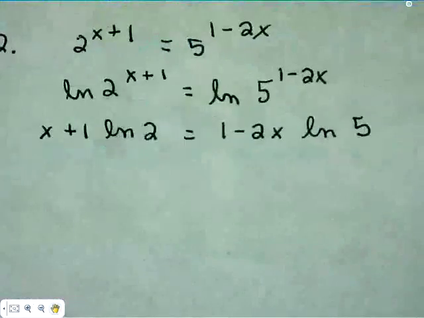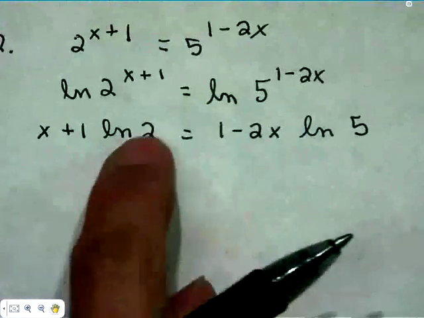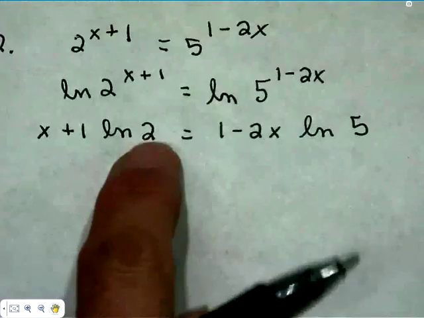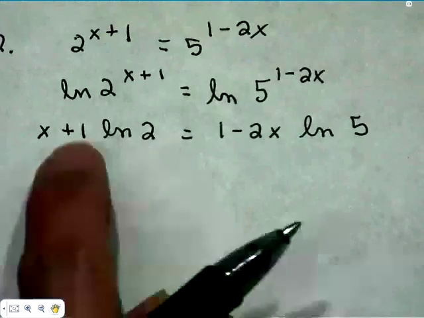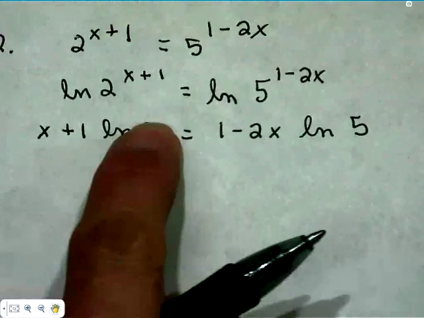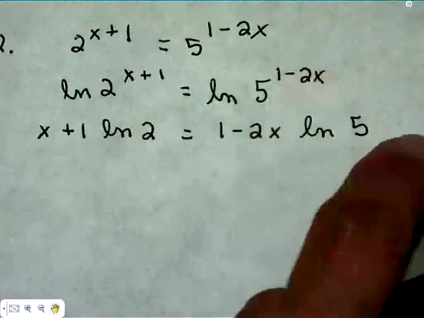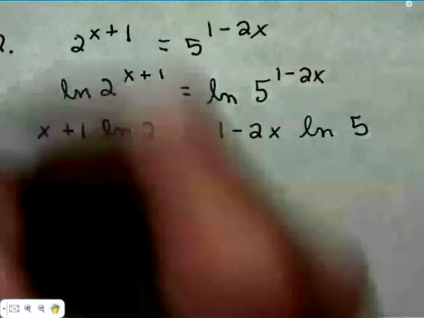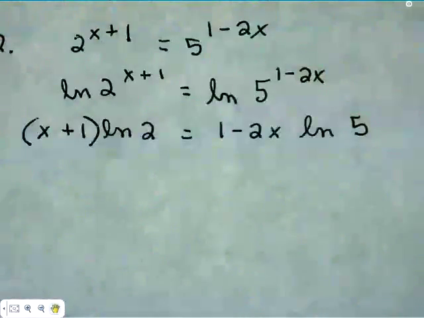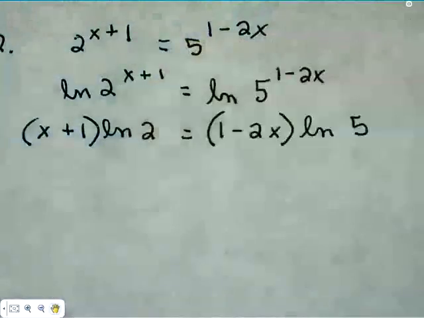If I don't have parentheses, what am I saying that the exponent of this 2 is? Just the 1. And this 5's exponent would just be the 2x. If I mean the whole x plus 1 was the exponent, then I have to have the x plus 1 in parentheses. Same thing on the right-hand side for the 1 minus 2x.